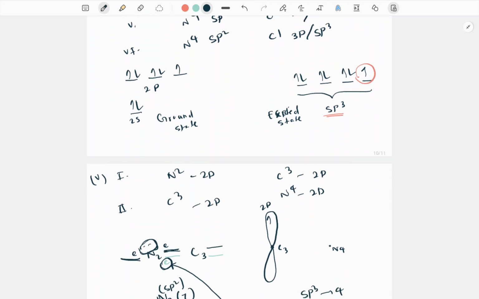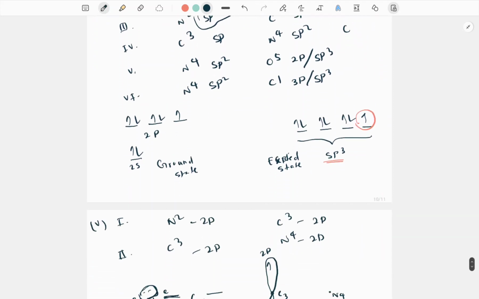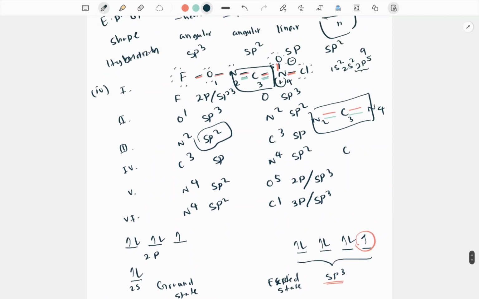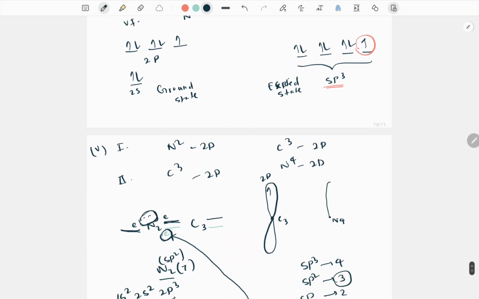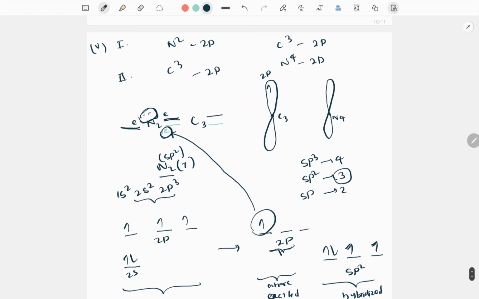Then another electron from nitrogen forms a pi bond in an atomic orbital, since this is a pi bond. That electron is also present in a 2p atomic orbital, as I told here. For N4 it's the same thing, and that one too, an unpaired one, is in 2p.